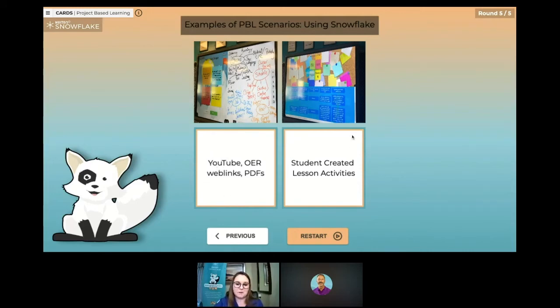The other way would be having students create their own lesson activities. So when using Snowflake, once you've set up your Snowflake account, your Snowflake classes, you have the ability to allow students to create their own lesson activities. So they could take everything that they had learned in their project-based learning and then share that with their classmates by building their own lesson activity using one of the 16 templates.